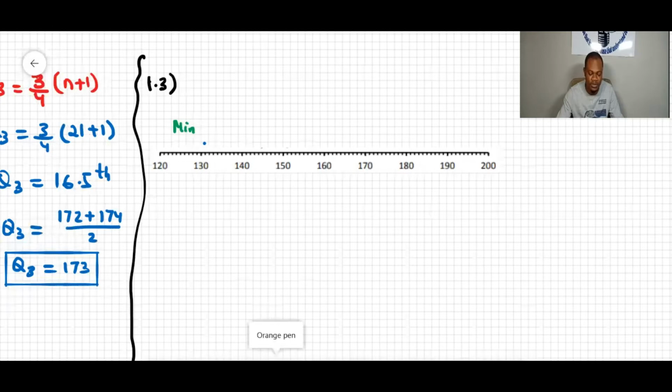Can you see? Yeah, 141, 142, and 142.5 is somewhere in between the two. Somewhere there, so above there, I'm going to put my dot.